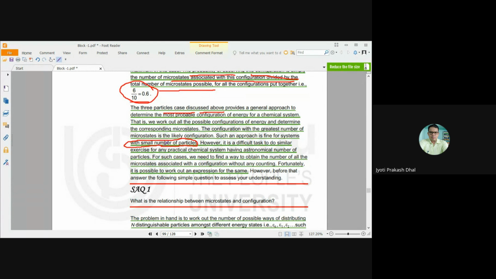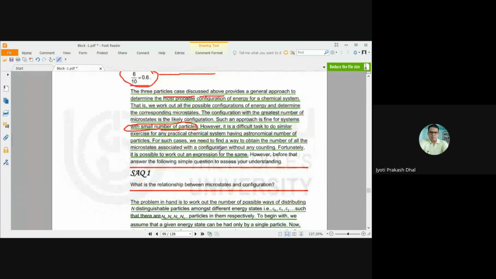Because we are dealing with a chemical system, 1 mole means a large number of molecules, that is 6.02 times 10 to the power 23 particles. So for such cases, we need to find a way to obtain the number of all the microstates associated with a configuration without counting.